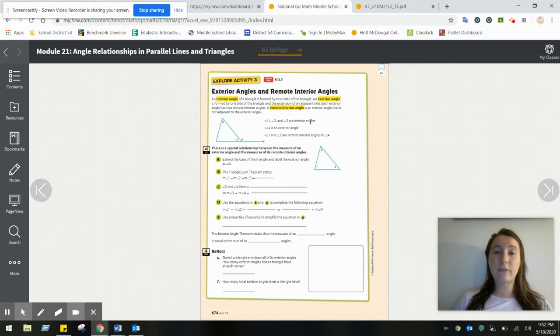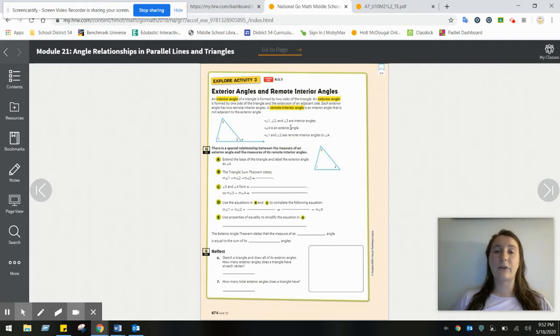They're angles that are formed by the sides of the triangle and are inside of the triangle, and together they make 180. Angle 4 here is an exterior angle. That's an angle that's formed by one side of the triangle and an extension of another side. So it is outside of the triangle.